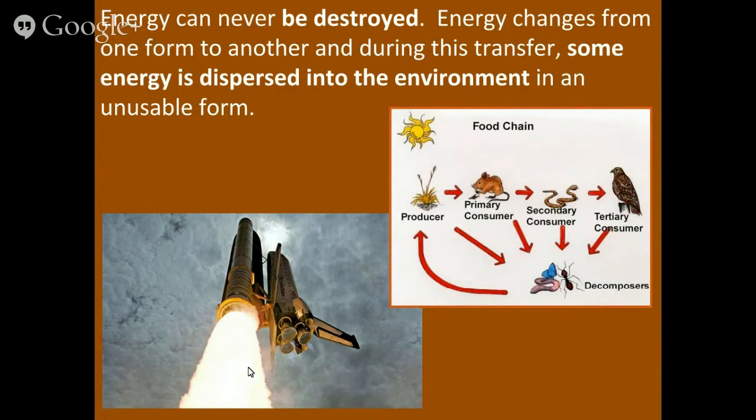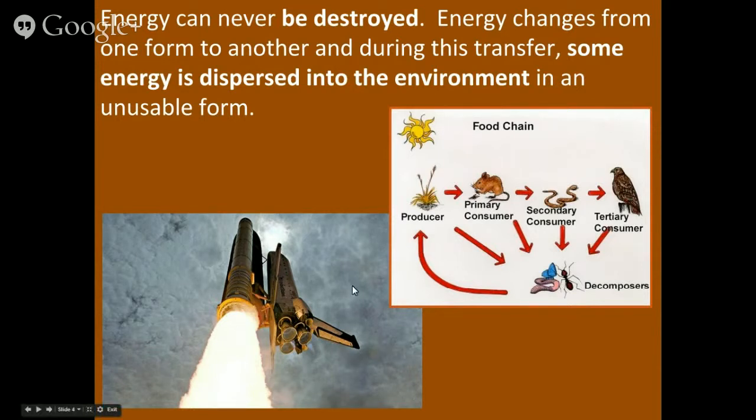In this case, the energy is now held in water molecules and carbon dioxide molecules, and those are two molecules that we don't have the ability to extract energy from. So oftentimes energy isn't destroyed, but it's changed into a different form. We cannot destroy energy. It follows the same laws as the law of conservation of mass. The law of conservation of energy states that we cannot create or destroy energy, only change its form.